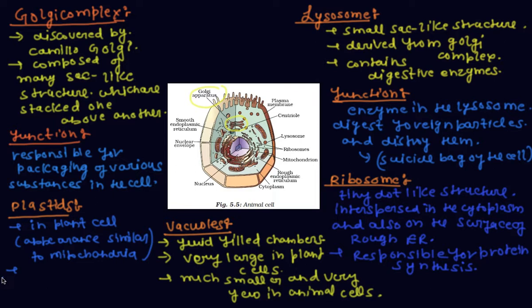There are two types, chromoplast and leucoplast.